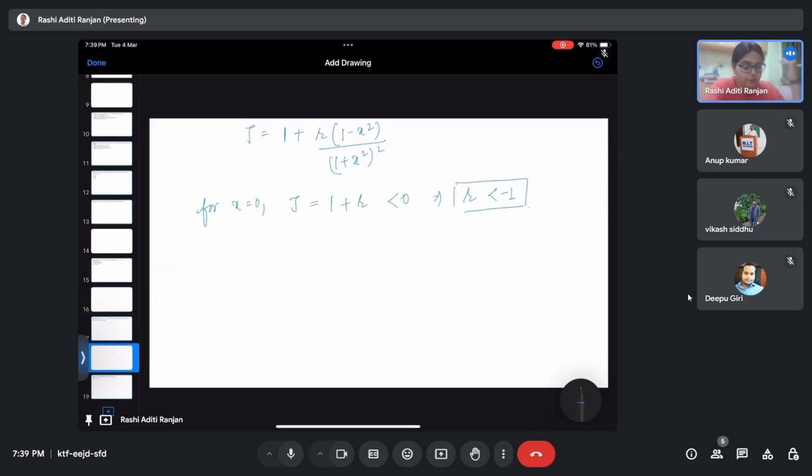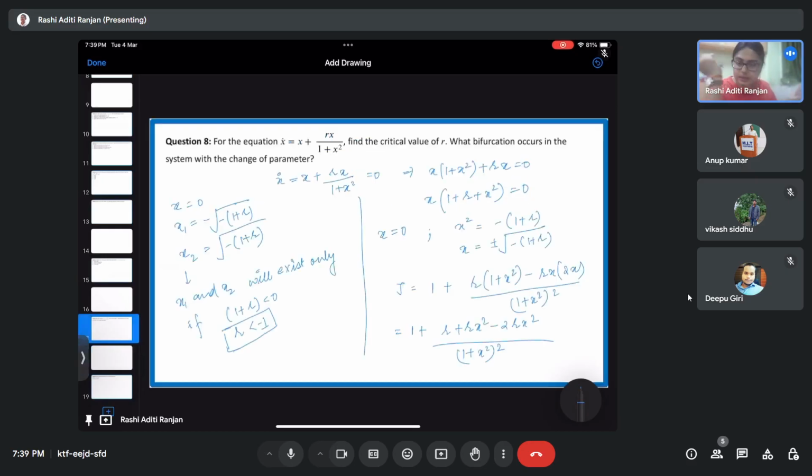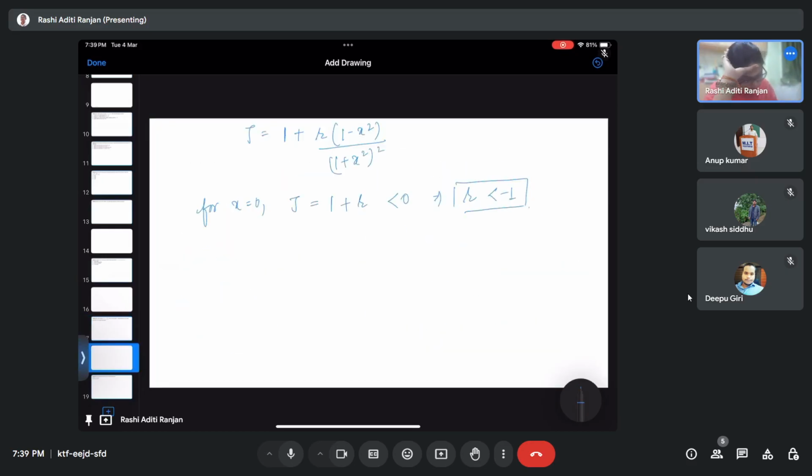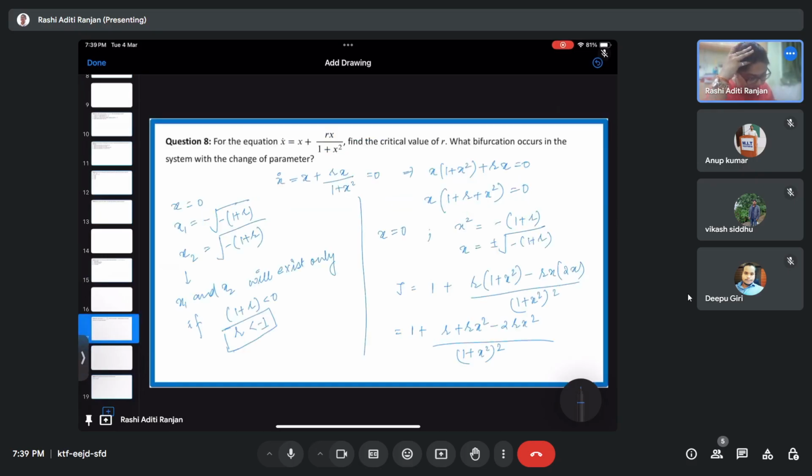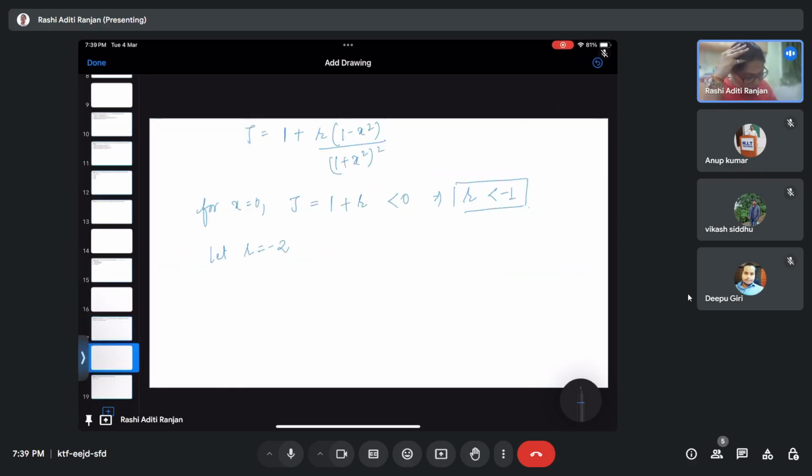Let us just try. Okay. So for these roots, r should be less than minus 1. So let r equal minus 2. Okay. If r is minus 2, then my x1 and x2 are going to be what? x1 is going to be minus of 1 minus 2, minus 1. Okay.